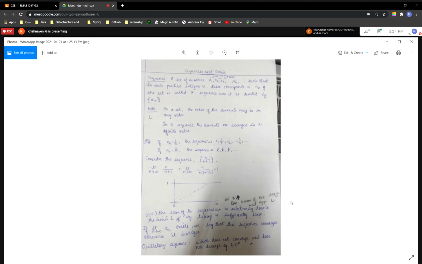Okay, guys. If you have any doubt on this page in sequence and series, ask me. No doubt means you tell me, and I will go to the next page.